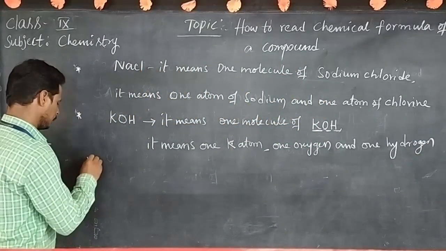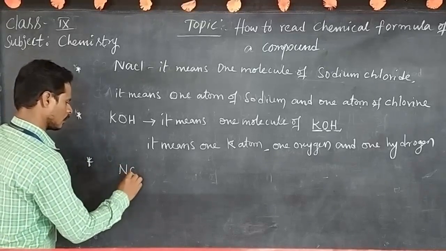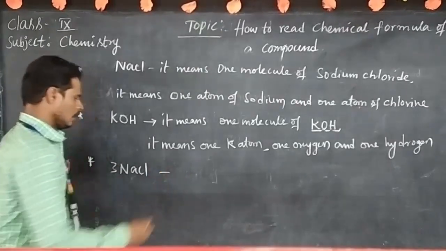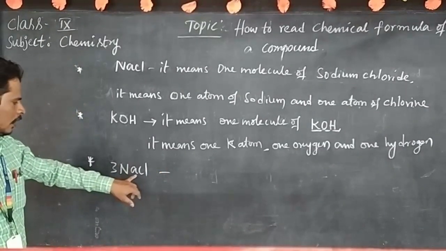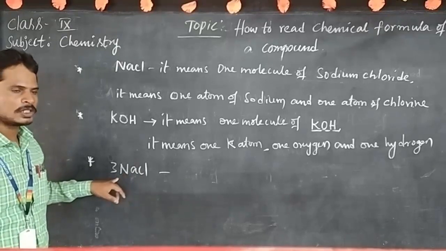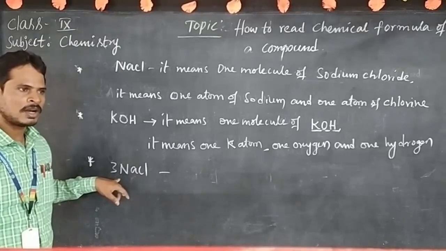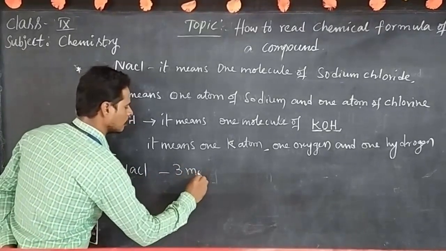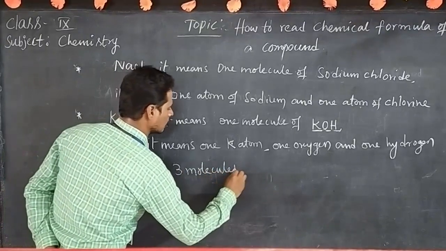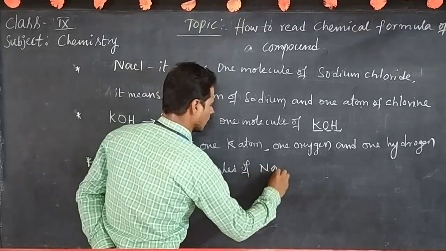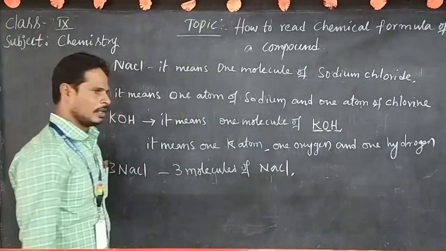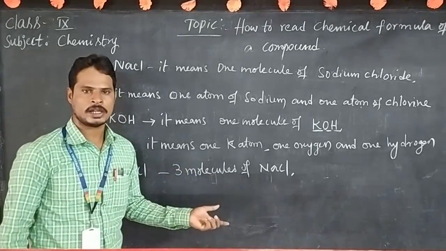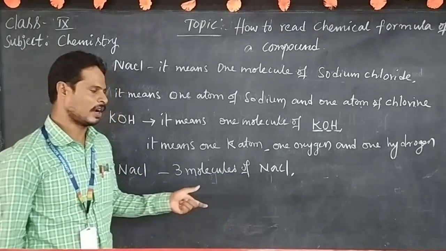Let's take another one. 3NaCl. Here, in front of sodium chloride, how much number is there? 3. It means 3 molecules of sodium chloride. How many sodium atoms and how many chlorine atoms do 3 molecules contain? You can find out.